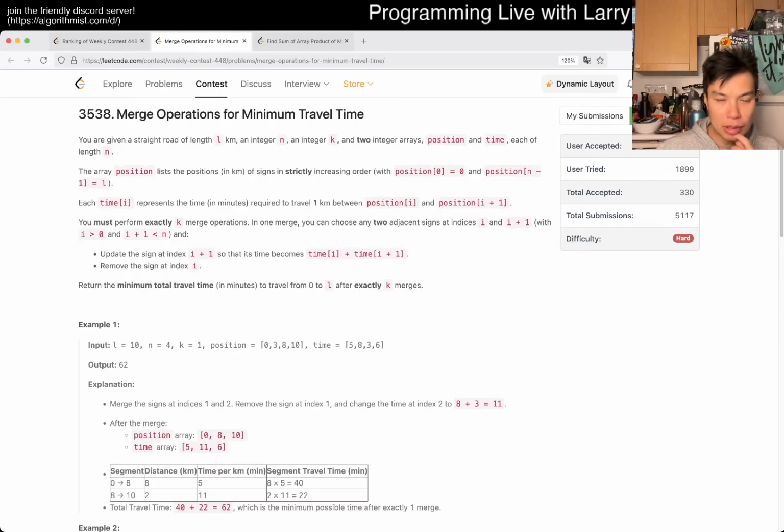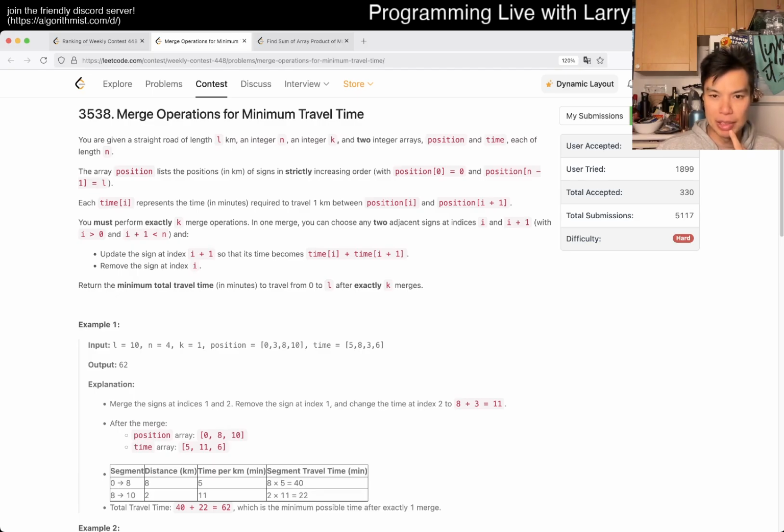Straight row, integer n, integer k. There's just a lot of random integers. Position and time each of length n. Position lists the position of signs in strictly increasing order. Time represents the time to represent. You must perform k merge operations.